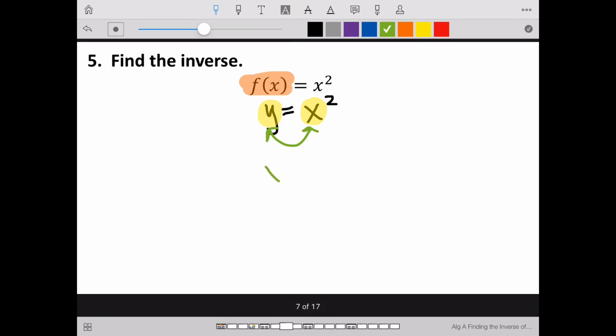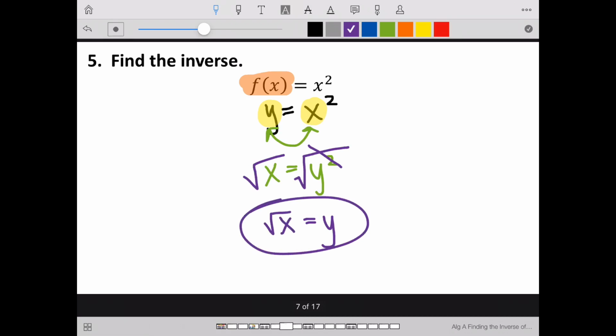So it becomes x equals y squared. And we need to get the y by itself. So we need to think, what is the opposite of squared? Well, the opposite of squared is square root. So those cross out. y equals the square root of x.